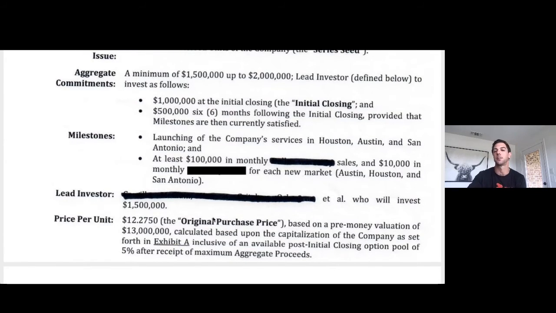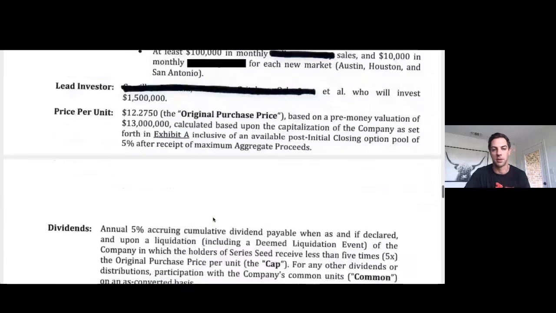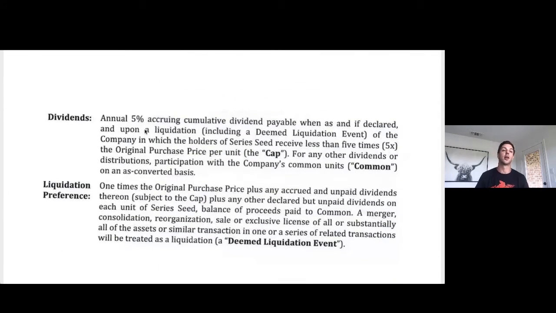And you can see here towards the bottom, $12.275 is the exact price relative to the pre-money valuation that these investors are going to buy units or shares at. Dividends occur just like an interest rate, but because it's not debt, interest rate is a function of debt and dividends are a function of equity, but it functions very similar to what you would think an interest rate would look like.